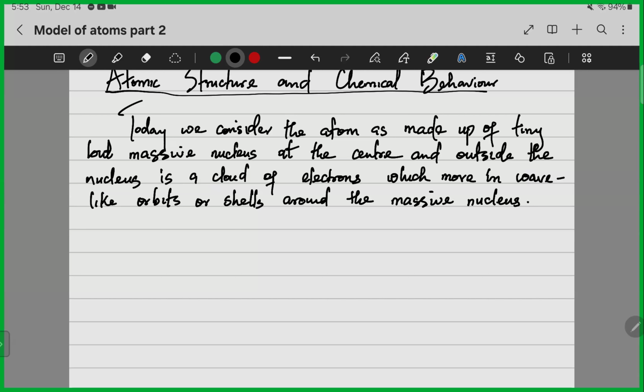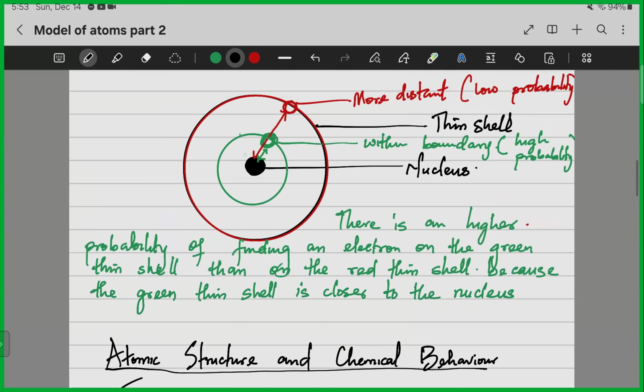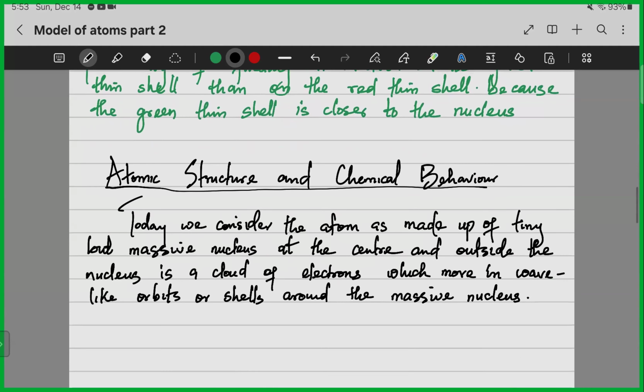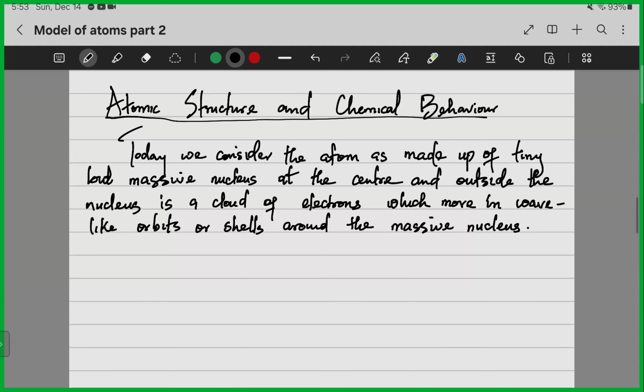I'm going to repeat that. The nucleus looks small, just as in this case, but we're saying it's heavier. That's a very simple idea.